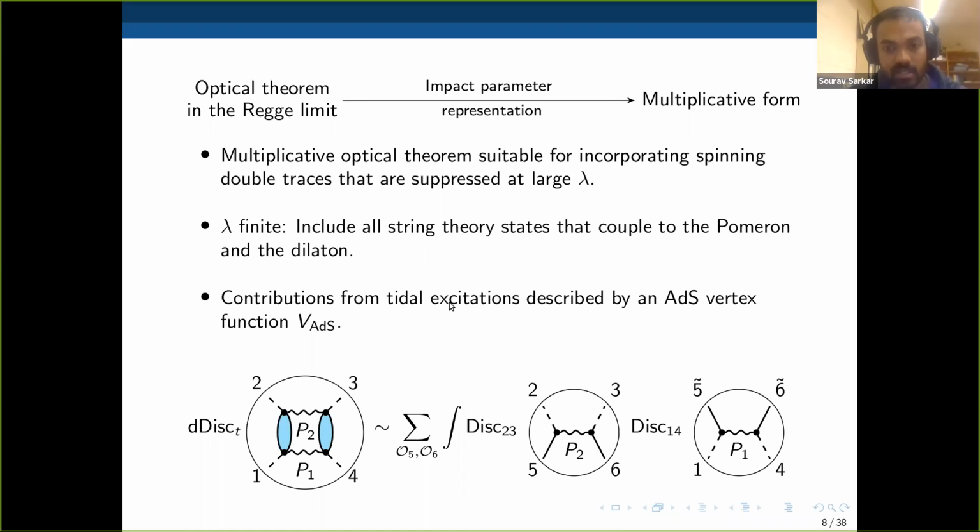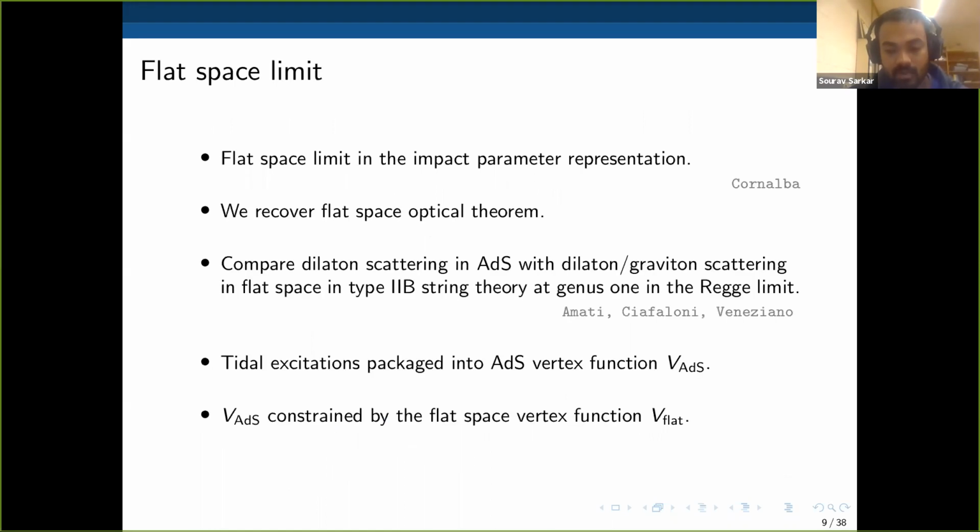We then show that the tidal excitations can be packaged into what we call a vertex function in AdS. Once we do this, we take a flat space limit. We follow a prescription given by Cornalba, and we recover the flat space optical theorem.